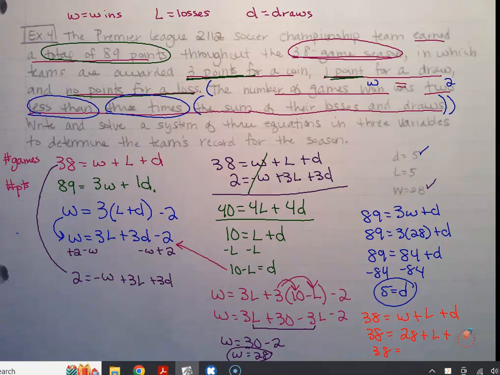Try again. Plus 5. So 28 plus 5 is 33. Plus L. We subtract, and we end up with L equals 5. Perfect.